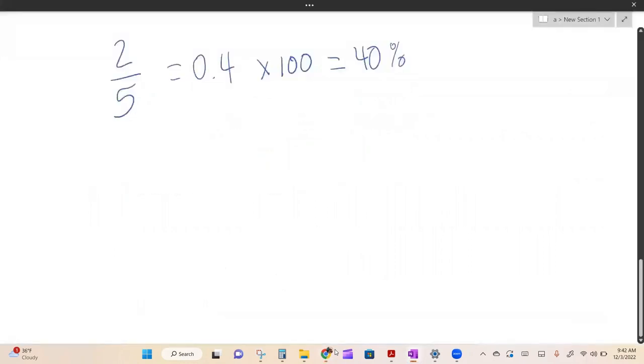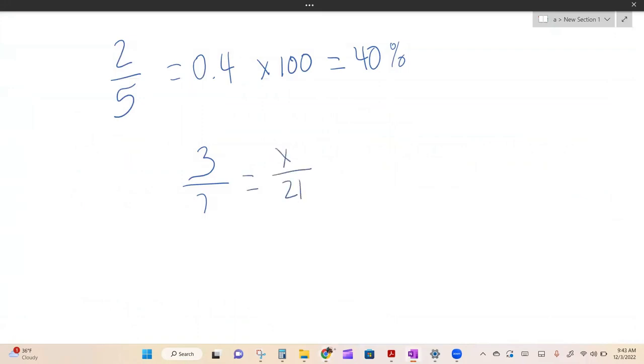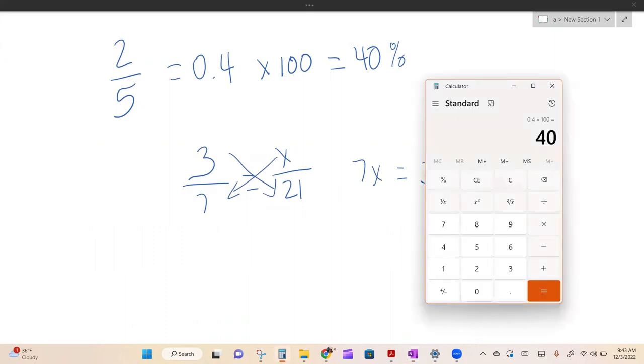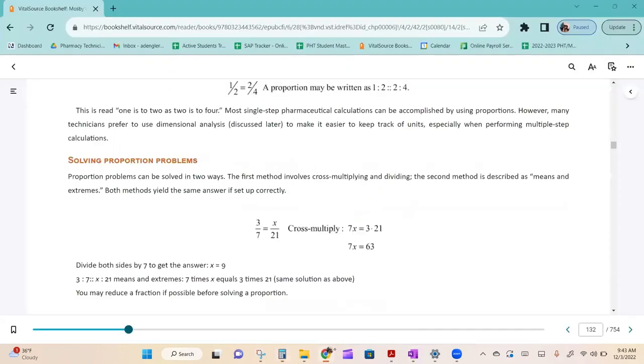So let's say we have 3/7 is equal to x over 21. So then it's like 7x equals 3 times 21. So then we would just do 3 times 21, which is 63.